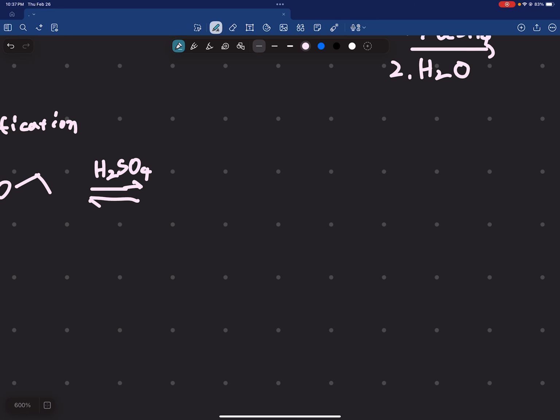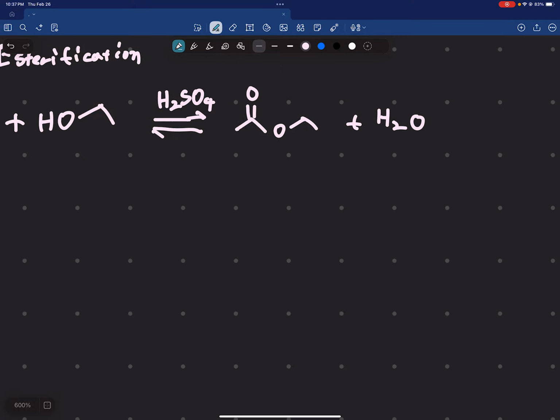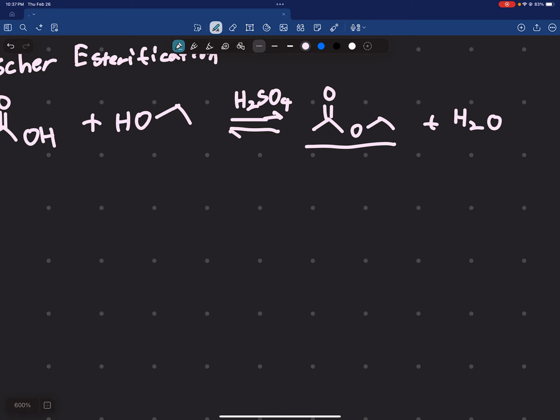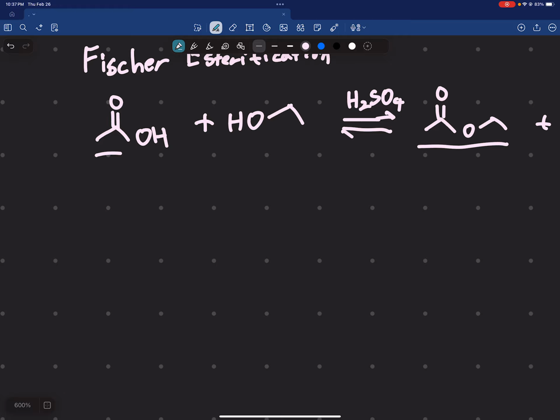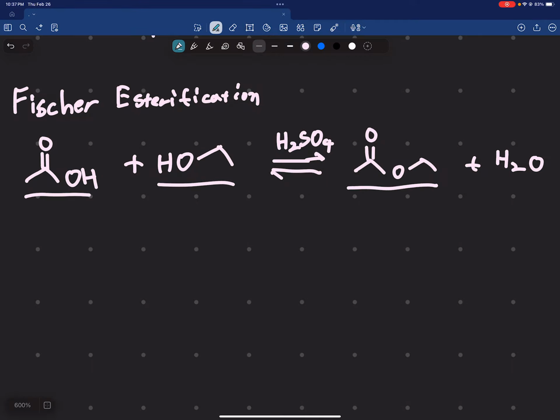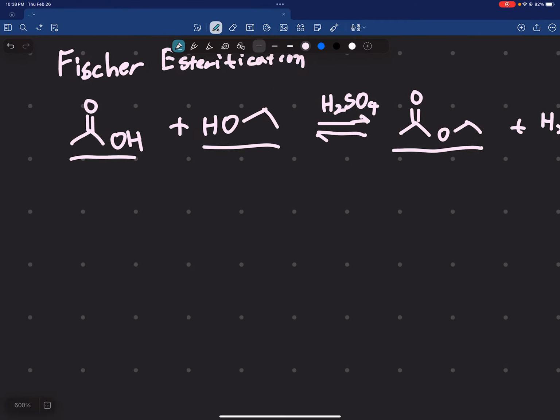we can form an ester like so, and water. So we can form an ester if we add an alcohol in the presence of an acid catalyst to a carboxylic acid.